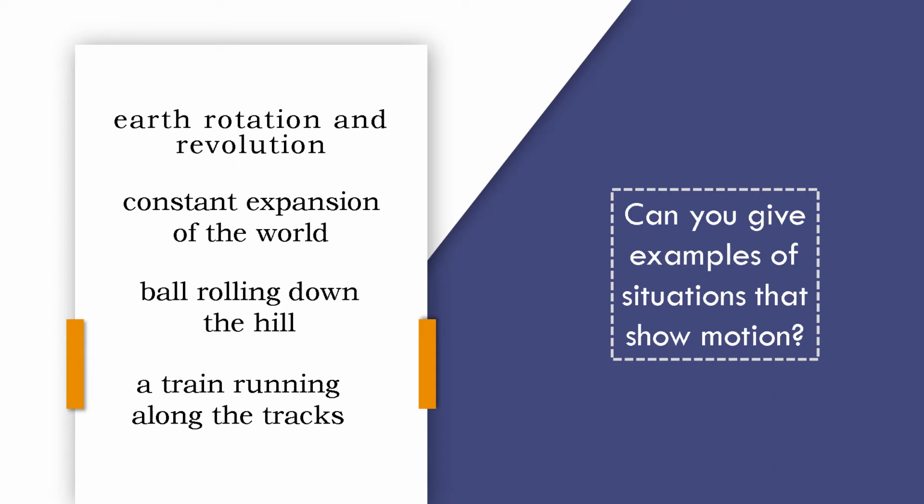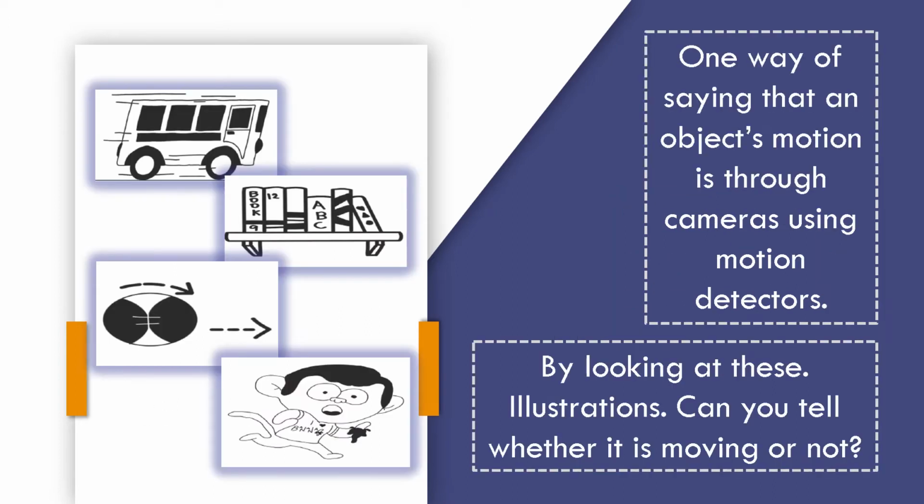Okay. So, I guess your answer is correct. Let us look at these pictures. One way of saying that an object is in motion is through cameras using motion detectors. Ang mga camera natin ngayon, it has motion detectors, no? Na-identify na nila kapag ang bagay ay gumagalaw. Kung napapanood ninyo sa mga movies, mga palabas, there are CCTV cameras that move, no?